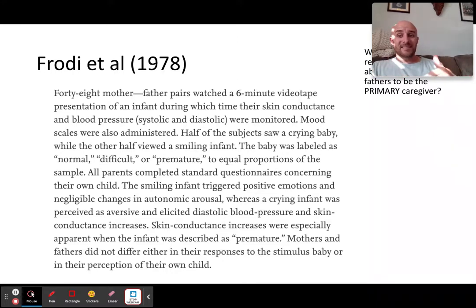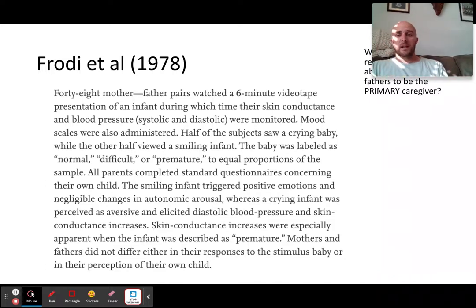The mums and the dads have the biological potential to be the primary caregiver. The research suggests we just make mums the primary attachment because they have a head start in bonding, etc.